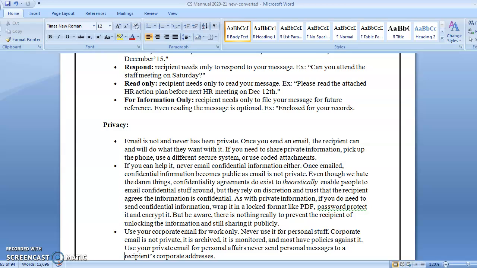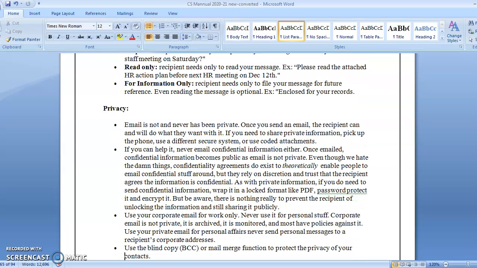Once you send your email, the receiver can read it, delete it, or forward it. The recipient can do anything with that email. So there is no privacy for email.